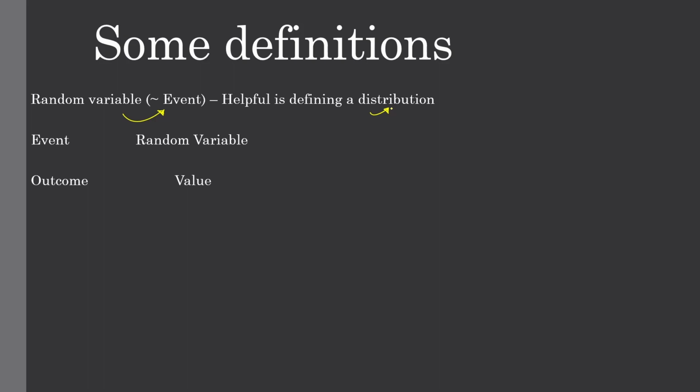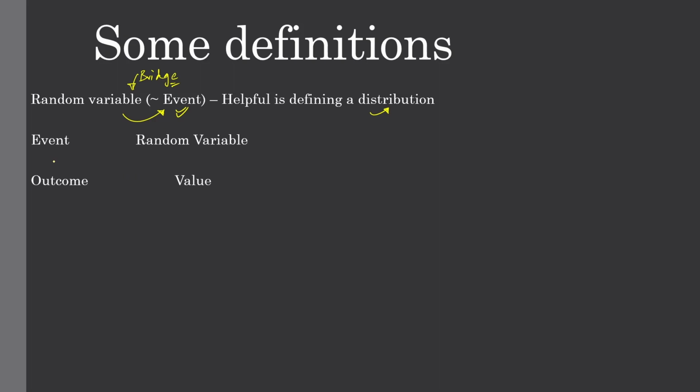So a random variable is basically acting as a bridge, as if we are representing the events in terms of mathematical numbers, which can then be used in defining the distributions.